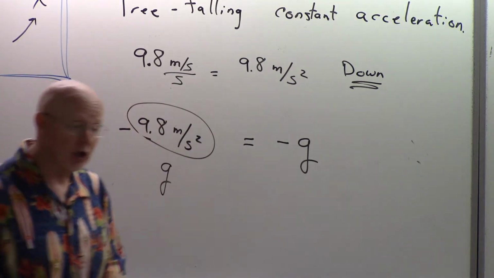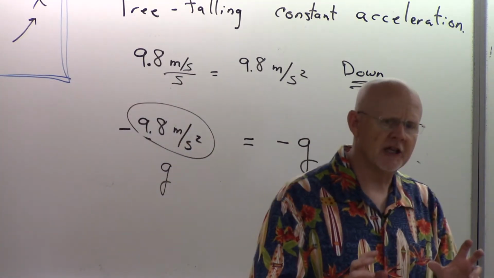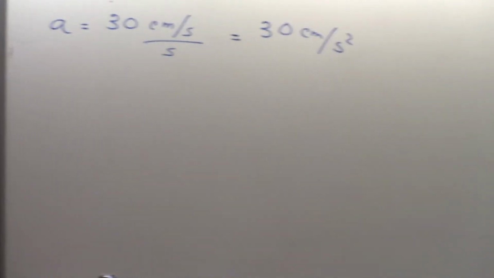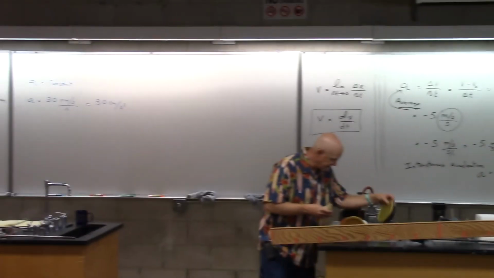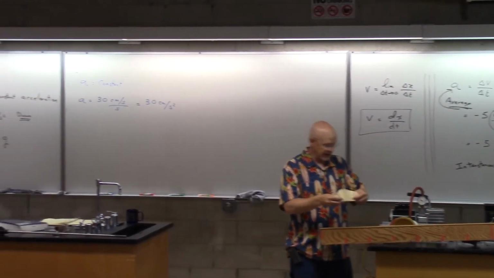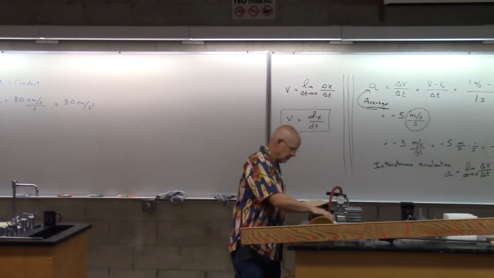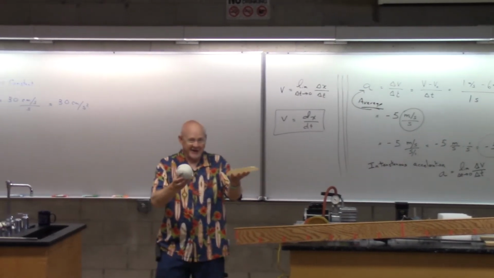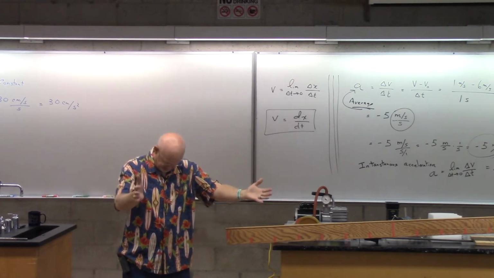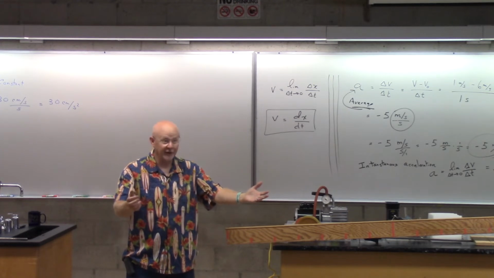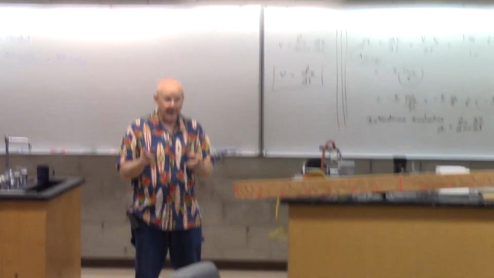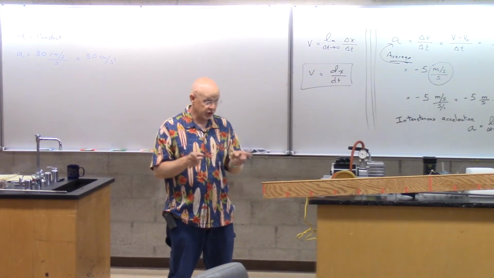Now, this might also be a good time to emphasize the phrase free fall, because you guys were heading on the right path. Let me take something that's super light and see if it falls at the same rate as this softball. Not even close. But of course, the reason why is there's more going on than just gravity.